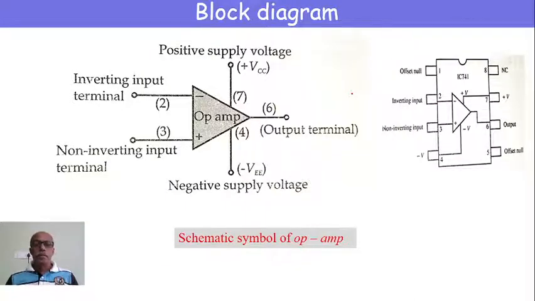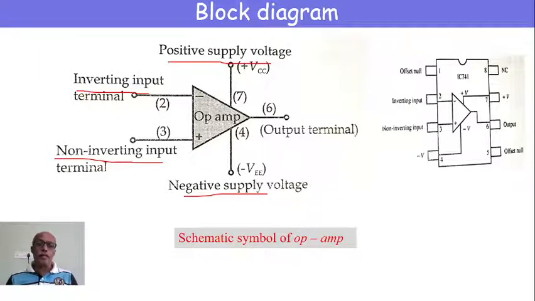Now, the schematic symbol of the operational amplifier. As I said, pin 2 is the inverting input terminal. Pin 3 represents the non-inverting input terminal. Pin 6 gives the output terminal, pin 4 is connected to the negative of the external source, and pin 7 is connected to the positive of the external source.